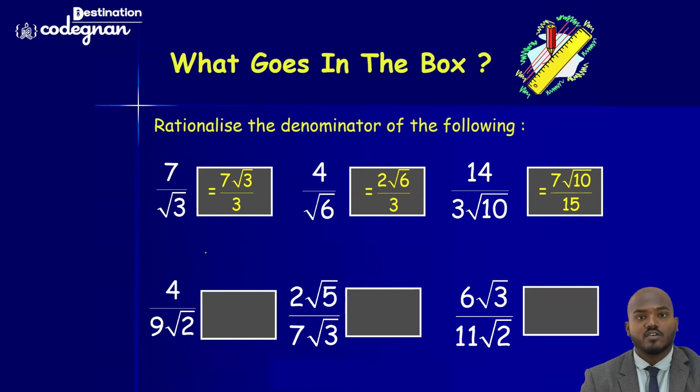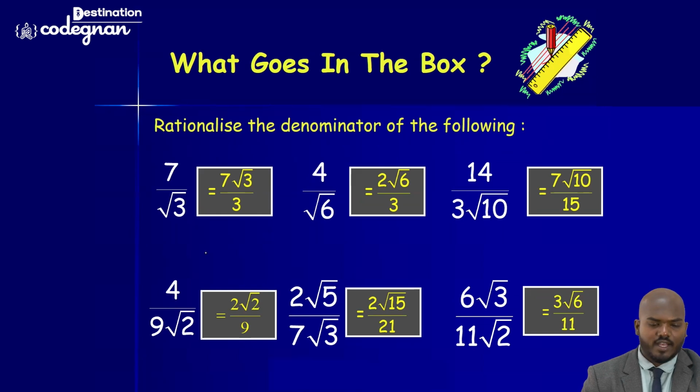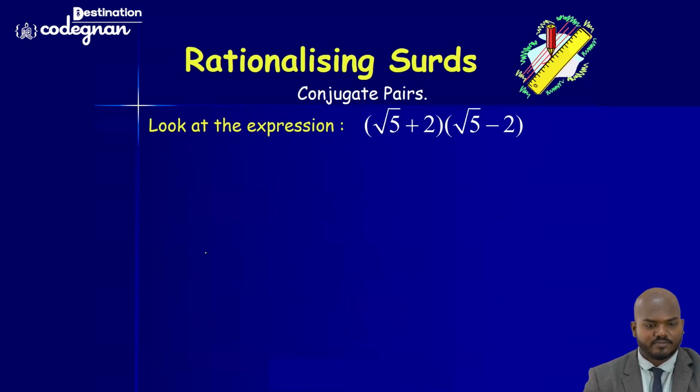And then 4 by 9 root 2, we will get 2 root 2 by 9, and 2 root 5 by 7 root 3, you will get 2 root 15 by 21, and 6 root 3 by 11 root 2, we will get 3 root 6 by 11. So if you're getting the same answer, appreciation for you guys.